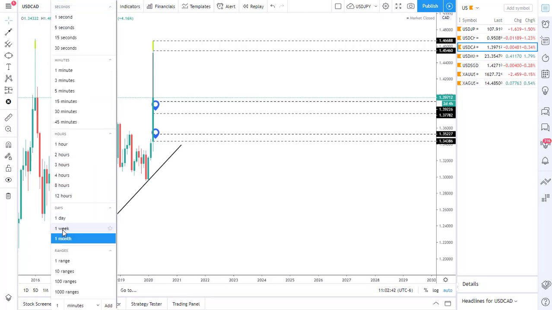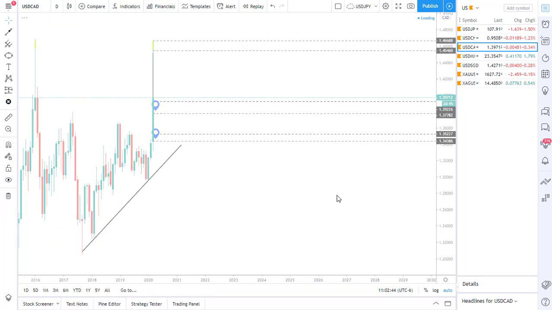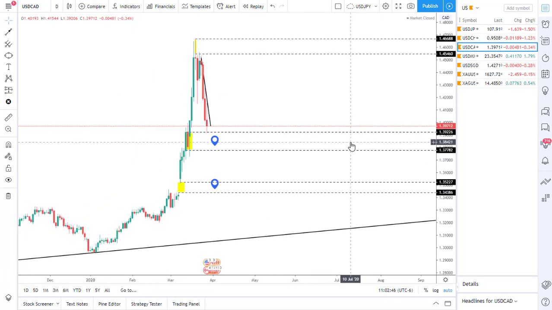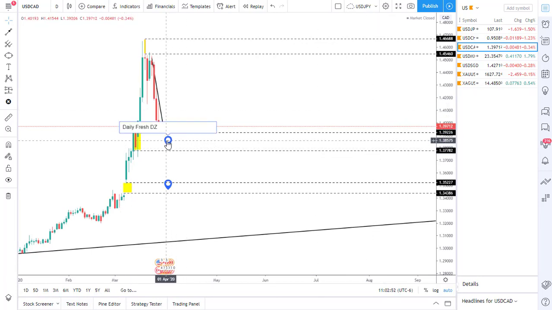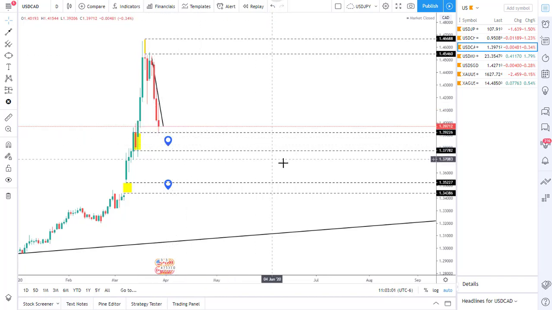We have two levels on the daily, and this is basically the last part of the analysis. We have this level. Not sure if the level might work. I don't think so, but in case the price respects the level, then I will try to get long, because I'm sure the price is still trying to go up. But see this other level right there, we have a gap here.